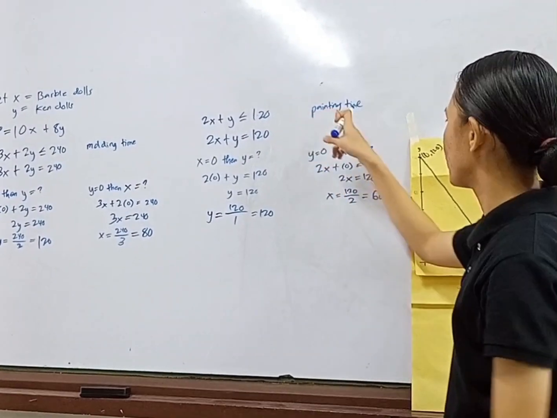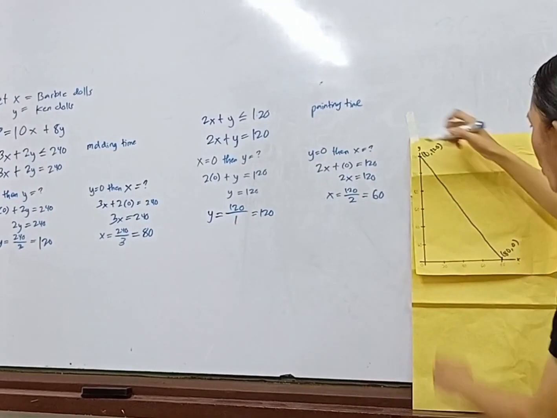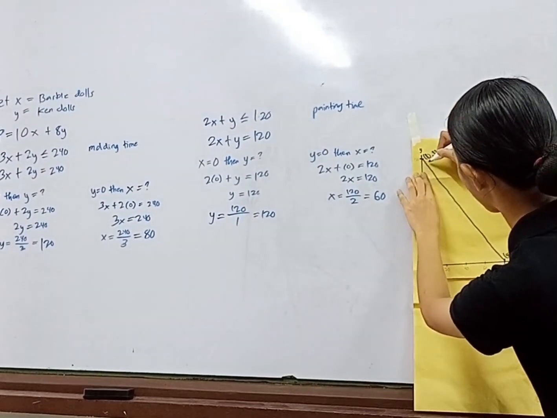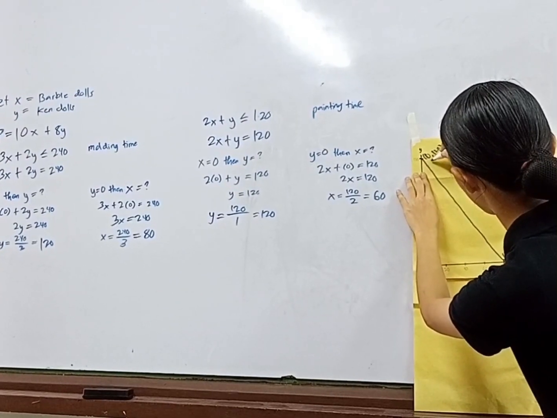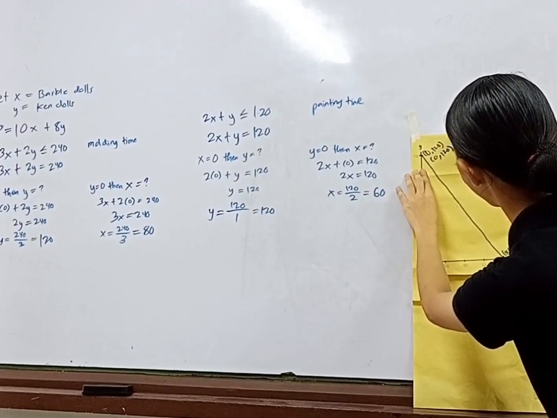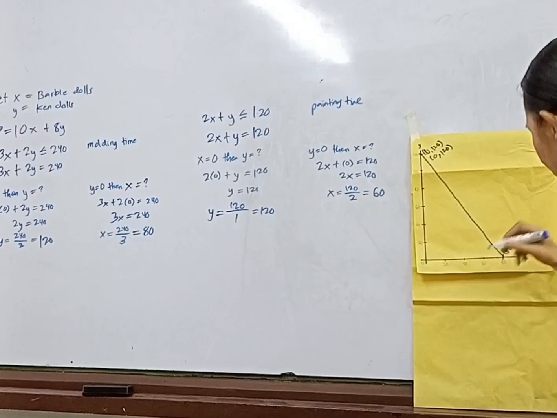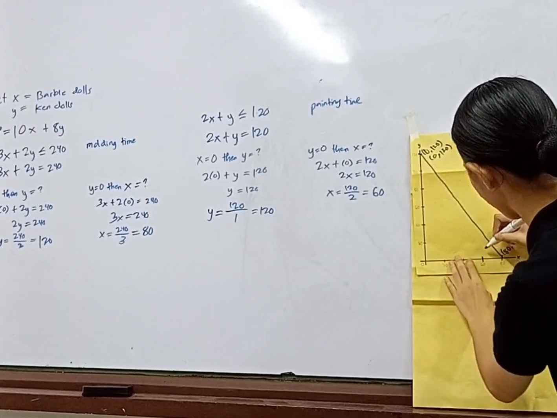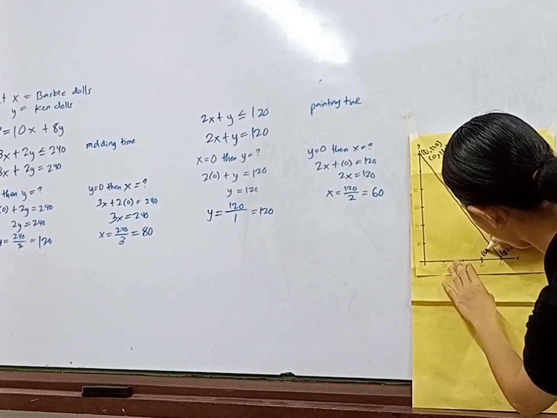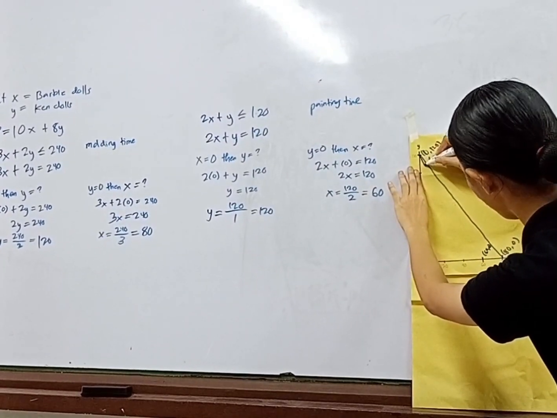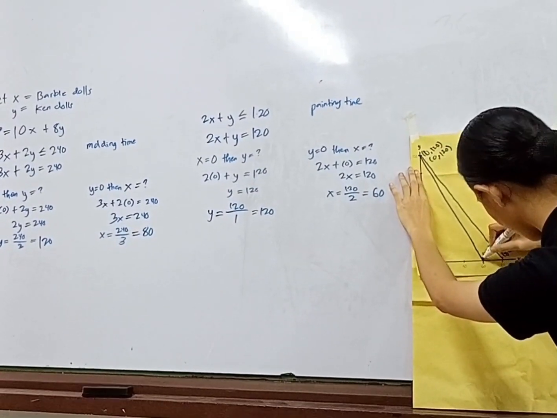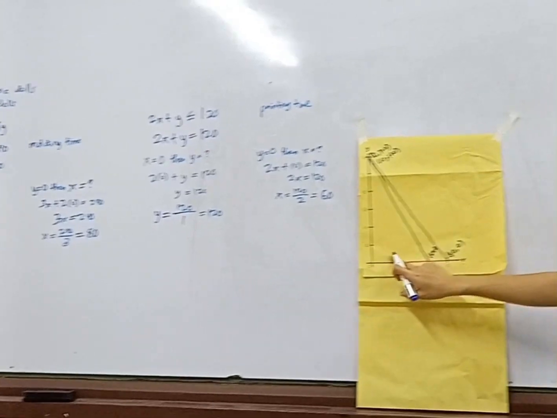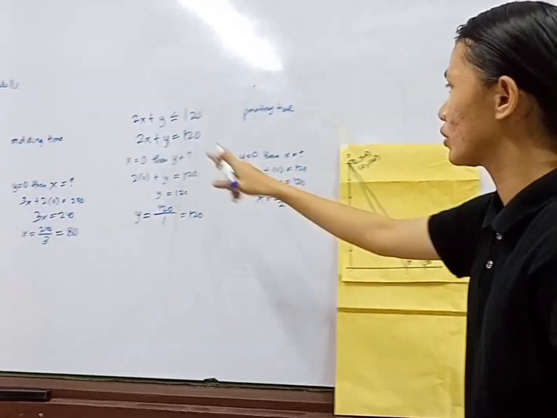And then the painting time is y 120 and the x is 60. So that is our graph of molding time and painting time.